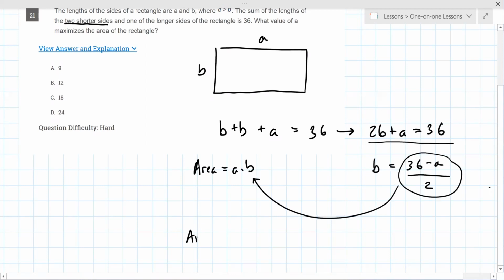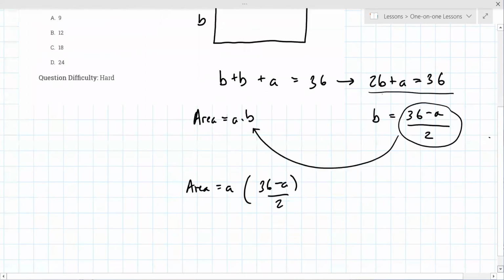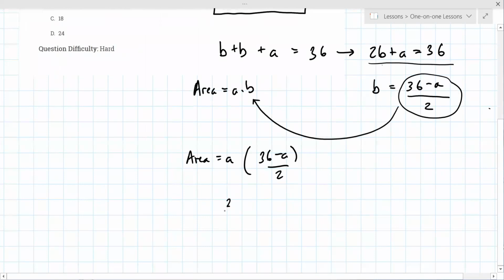So this is an equation for the area. The area is A times (36 minus A) divided by 2. Well, let me actually do this a little bit. So you're going to multiply in the A, and you're going to divide it by 2. So that's 18A minus A squared divided by 2.